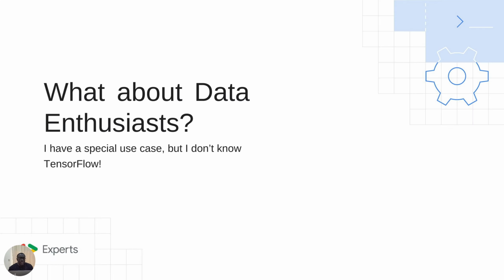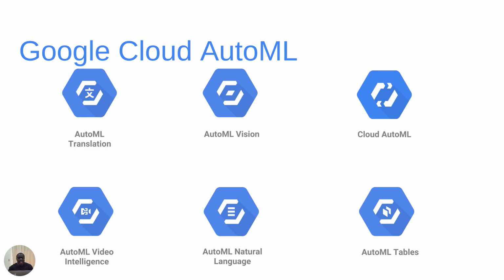Now, we also have what we call data enthusiasts. So you're not strictly within one of those buckets of, say, ML engineer or data scientist or data analyst, but you have a pretty strong understanding of the machine learning landscape, and you would like to build a custom product that isn't available using one of the APIs.